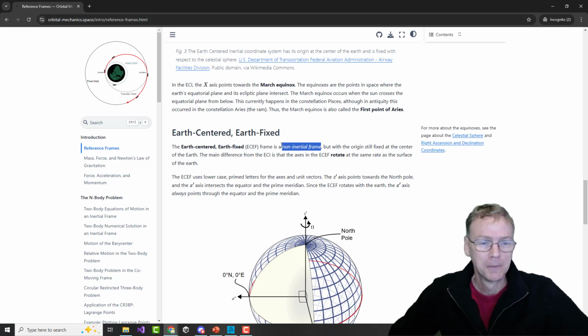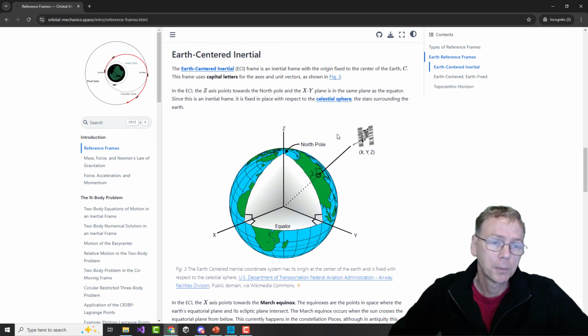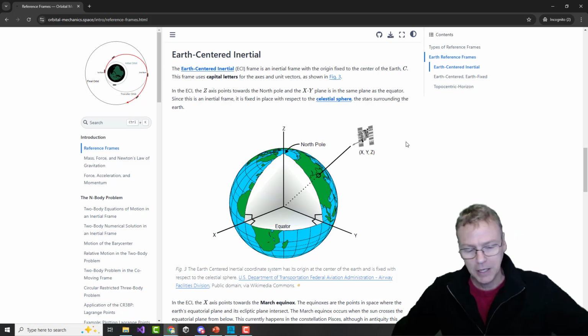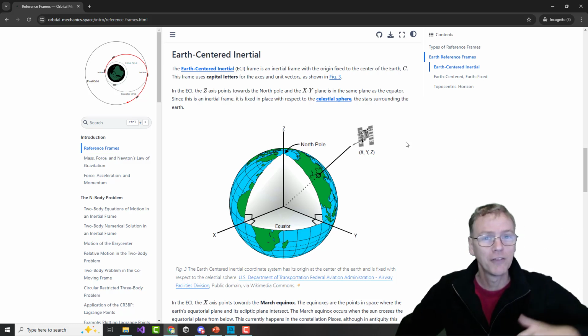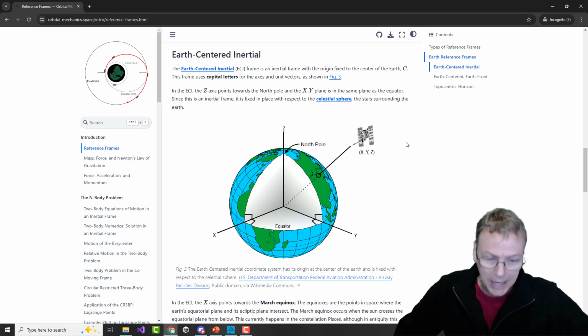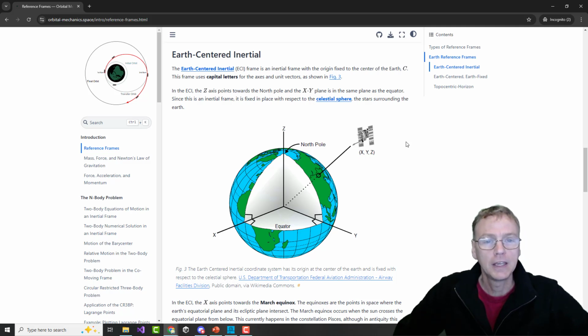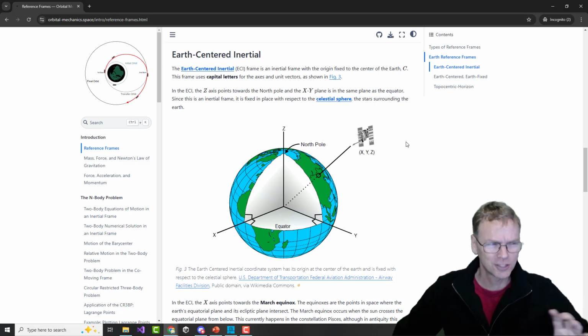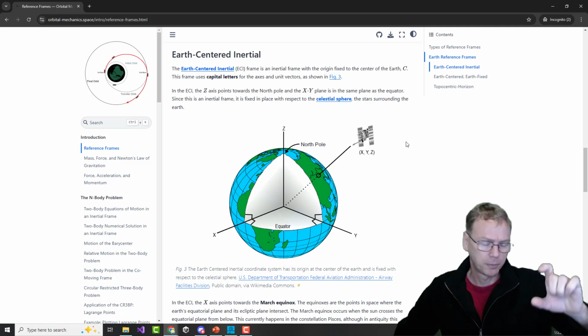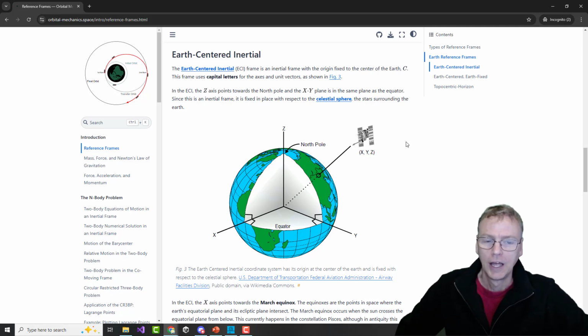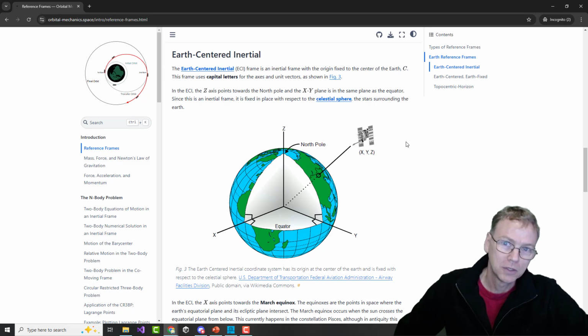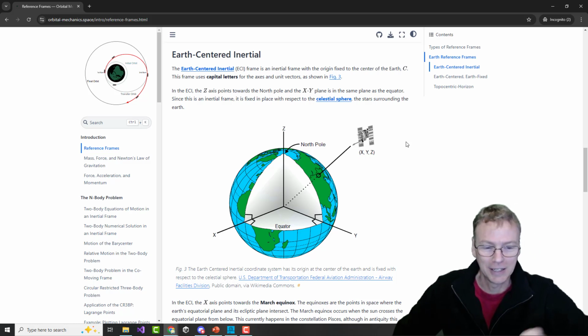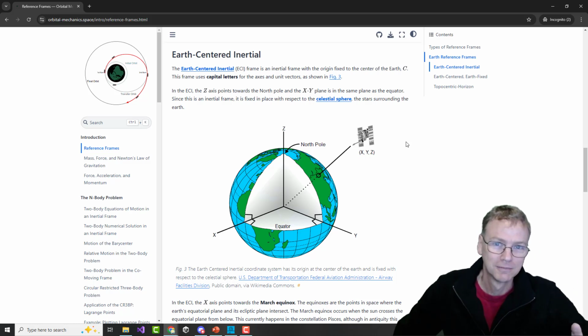That's what that means. And let me point out, because there's going to be some keyboard warriors down there already banging it out: the ECI, inertial reference frame, supposedly attached to the Earth, that would only be true if we're in a geocentric solar system, right?